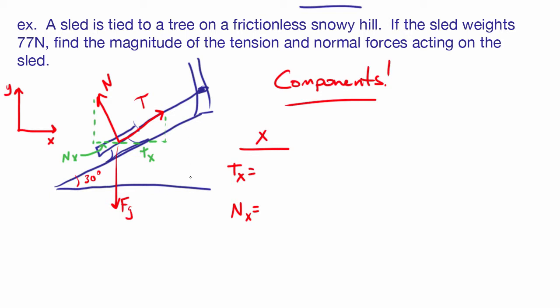What is T sub x in terms of just the tension T? It's the magnitude of T times cosine of 30. Good. All right, you can see that because this angle right here has got to be 30 degrees. It's the same as this angle down here. All right, because we're going from the horizontal up to our slope. And of course the horizontal is our x-coordinate. Good. What about N sub x?